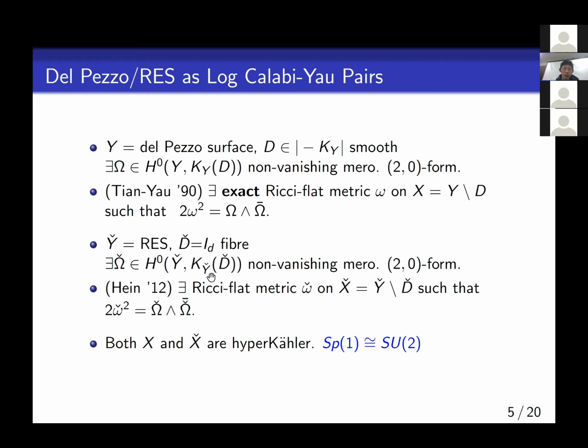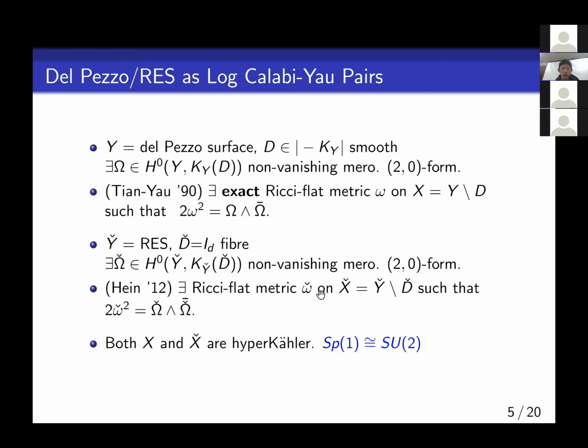On the rational surface side, the Tian-Yau theorem only applies when D is smooth, so when D degenerates, the analysis becomes more complicated. But in the case of rational elliptic surfaces, one can really solve it, and it's solved by Hein in his thesis.